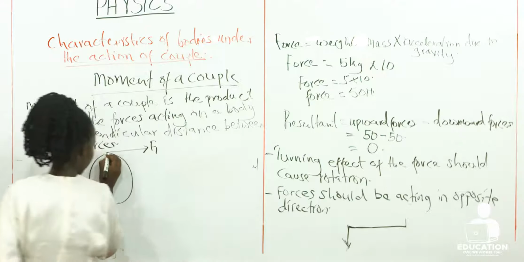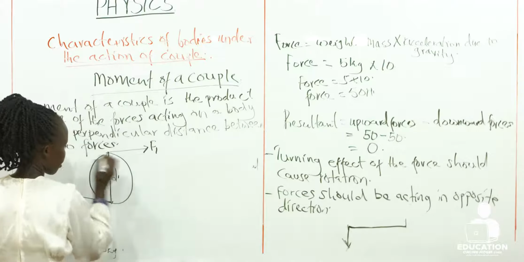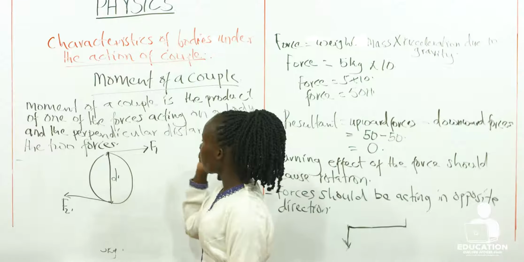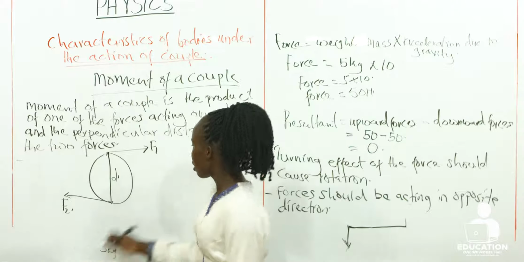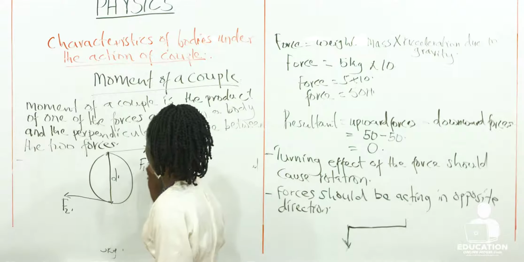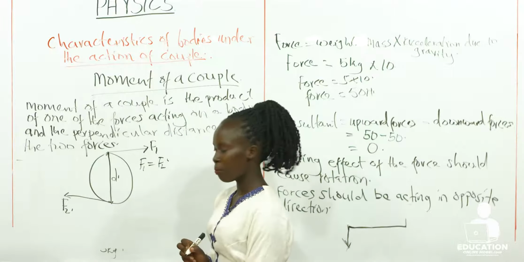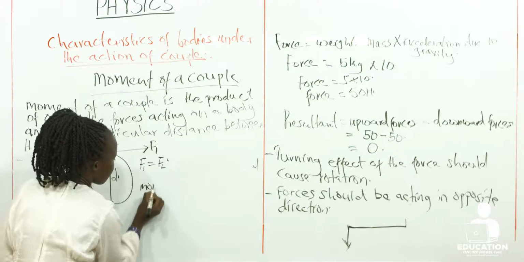Let's have it here, up to down, as our D. We are taking the moment to be one force because this force here is equal to that force. That means our F1 is equal to our F2. They are the same.